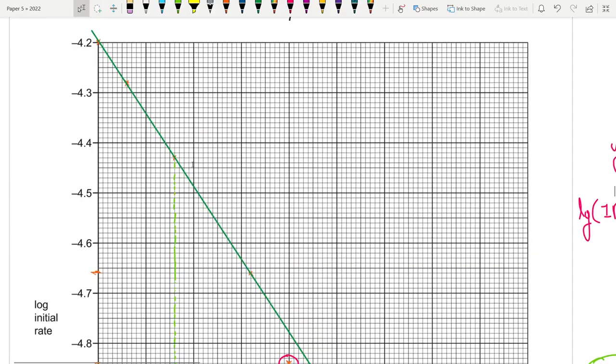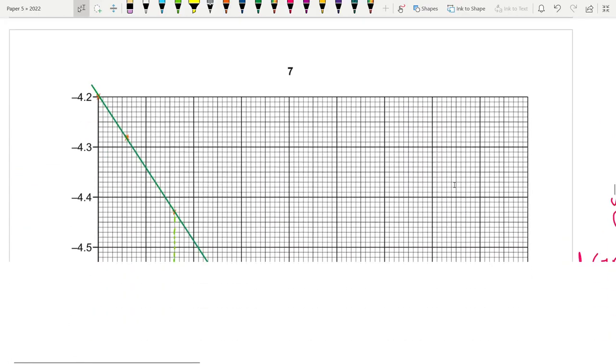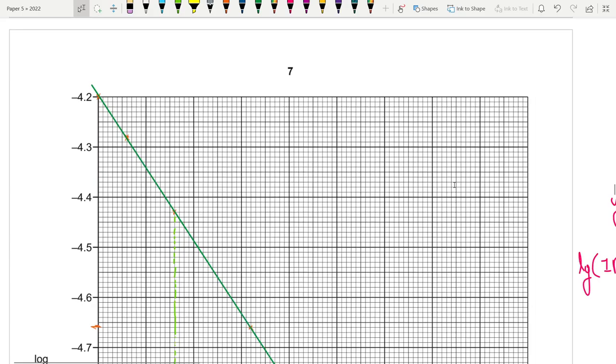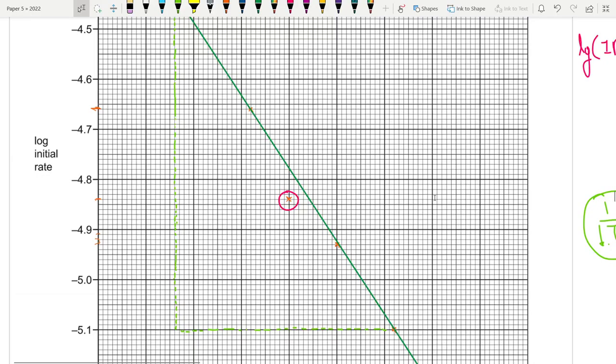Honestly, this data is more or less reliable because out of how many points here, 1 2 3 4 5 6 7 8, if your graph passes through 6 points out of 8 perfectly, the data is usually reliable. That's one question that you're going to face, okay. In previous question papers, you had to say that since it passes through most of the points, the data is reliable.